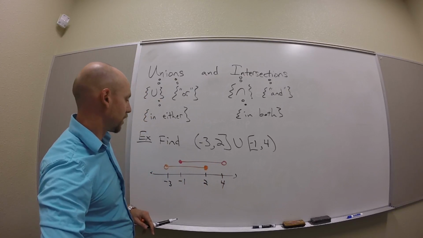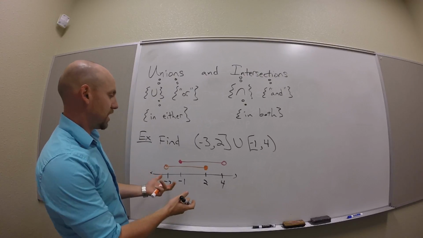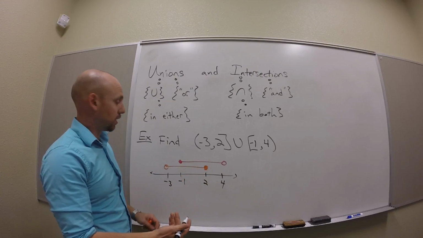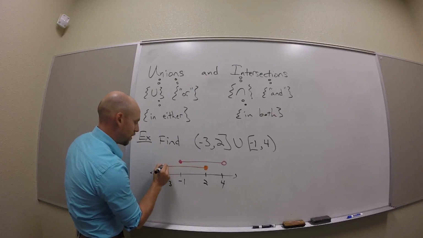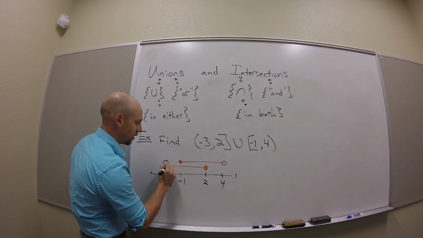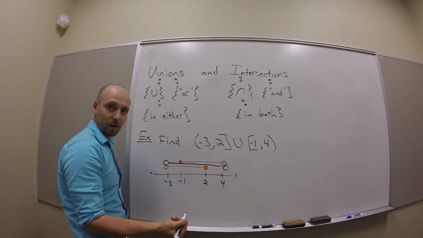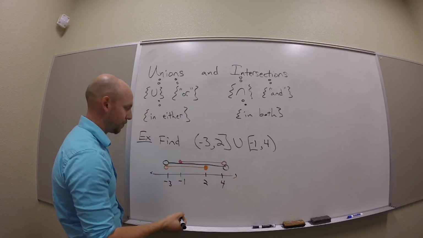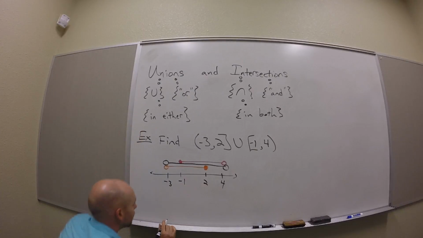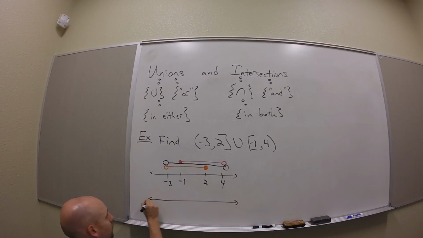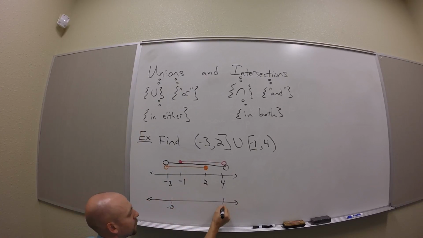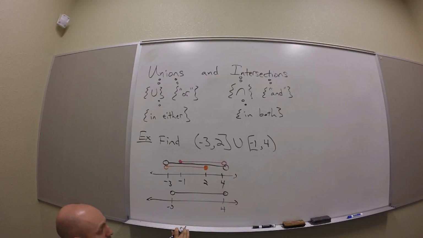And then I'm asking, okay, what's in either of these? Well, anything running from here going up to there is in either. So if I was drawing a number line version of my answer, I'd go from -3 to 4, open dot on both ends. That's something that's in either one.